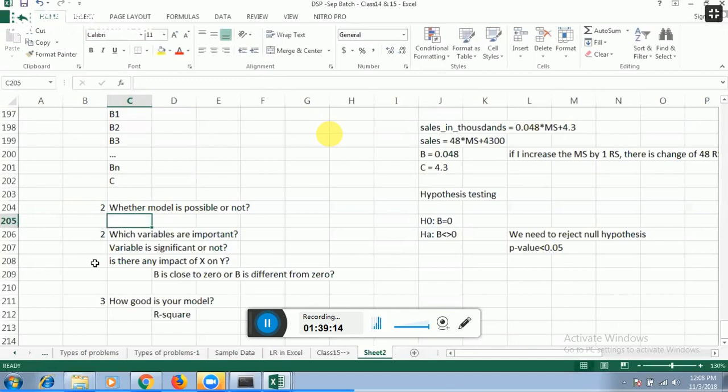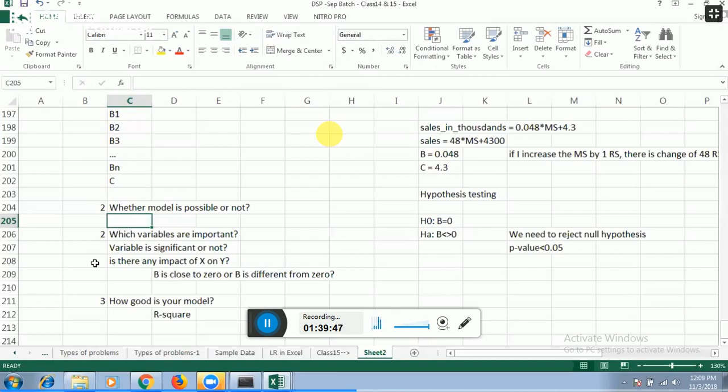By taking y equal to constant and by taking y equal to x variables as part of the model, you are comparing how much improvement you are seeing in the variance in your y. So that is what we are checking. Suppose there is no improvement in the variance, there is no impact of your x variables. So before and after, by including x and without including x, if there is no significant difference in terms of your variance, that means the model is not possible.